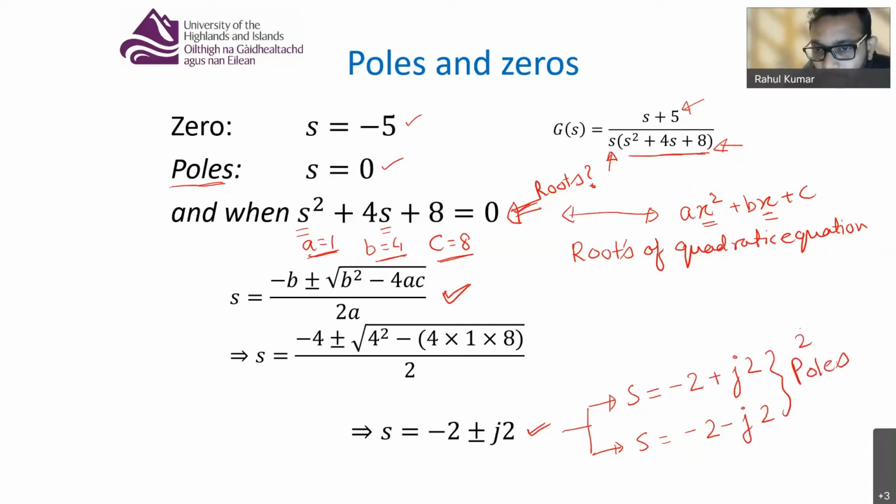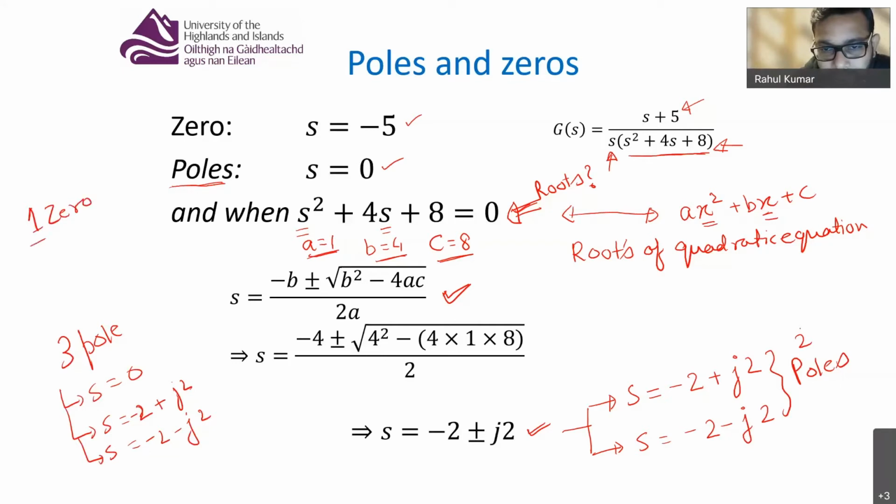Okay, so altogether I have three poles: at s equals to 0, s equals to minus 2 plus j2, and s equals to minus 2 minus j2, and one zero. So the zero is at s equals to minus 5.